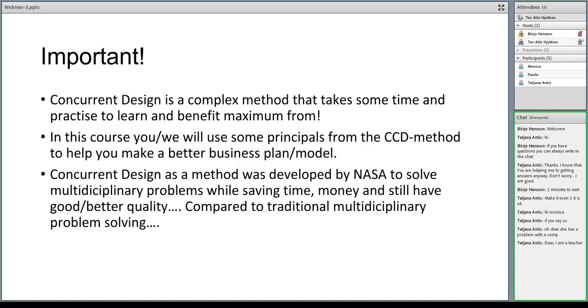So making a business plan is actually a multidisciplinary challenge.